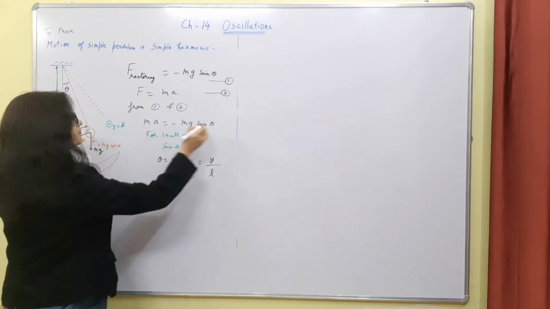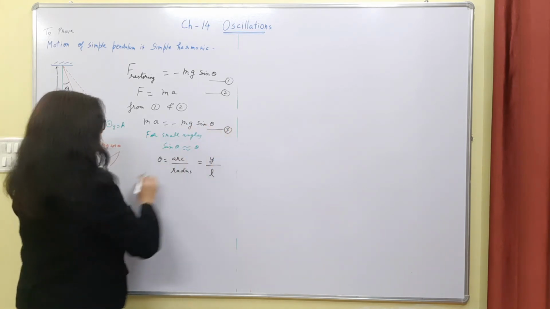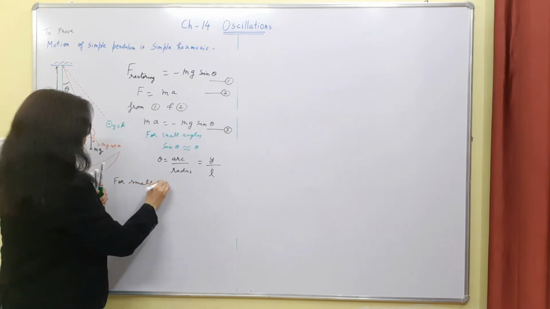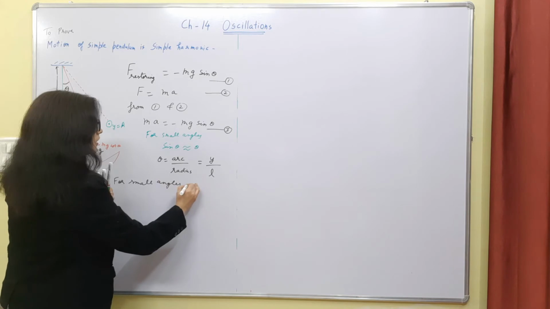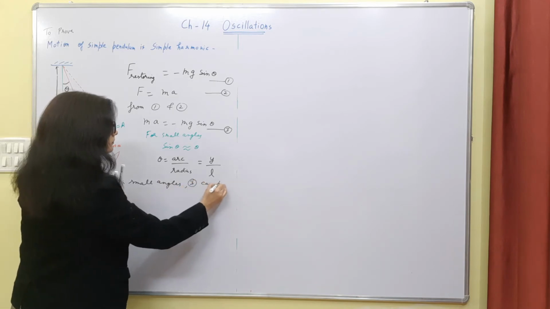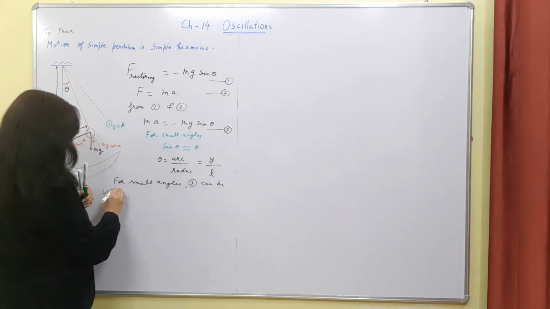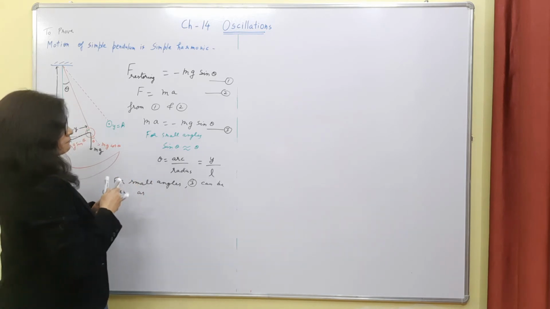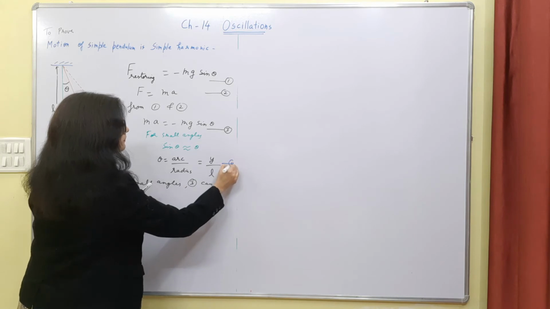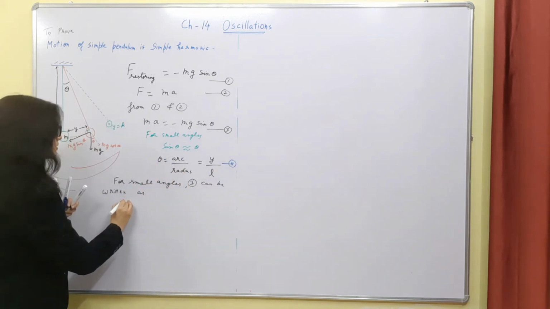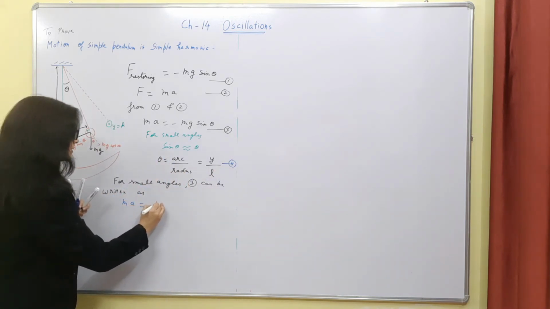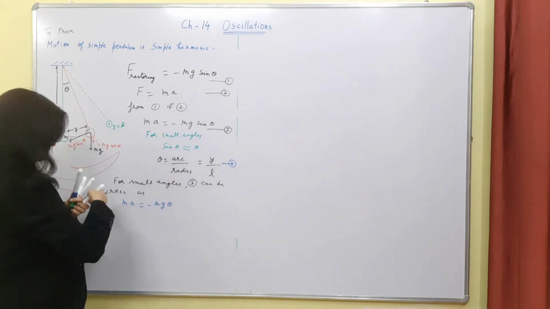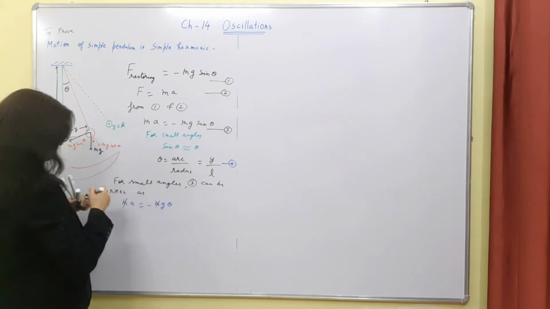So from here, for small angles, 3 can be written as, and I am marking this as 4, ma is equal to minus mg theta. m will be cancelled, I forgot to cancel it earlier.